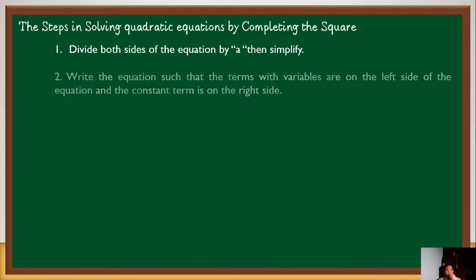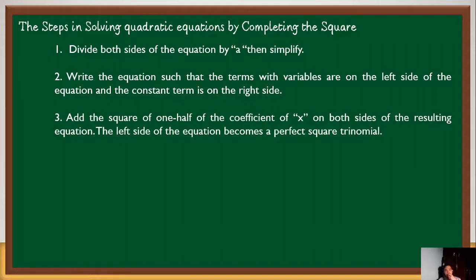Second step, write the equation such that the terms with variables are on the left side of the equation and the constant term is on the right side of the equation. So, ililipat natin yung constant from the left to the right. Okay?